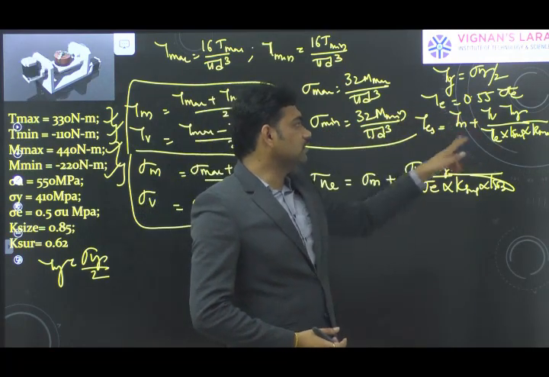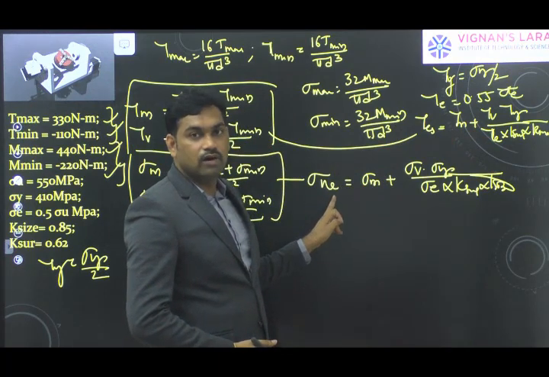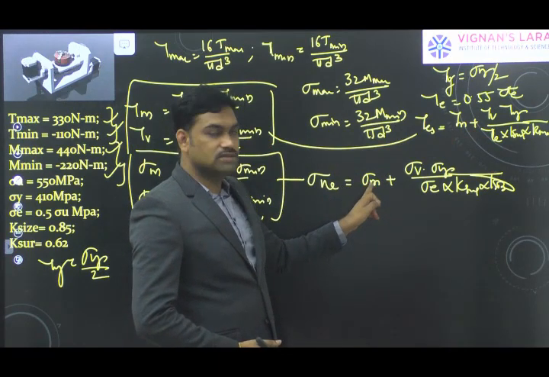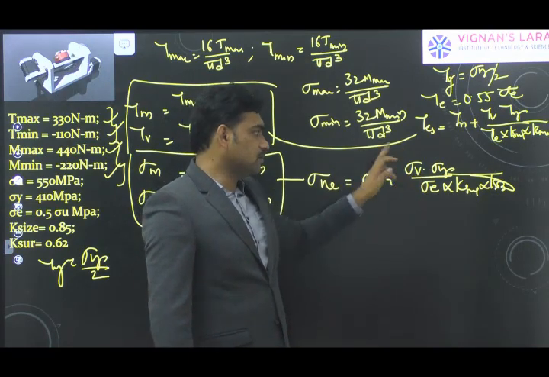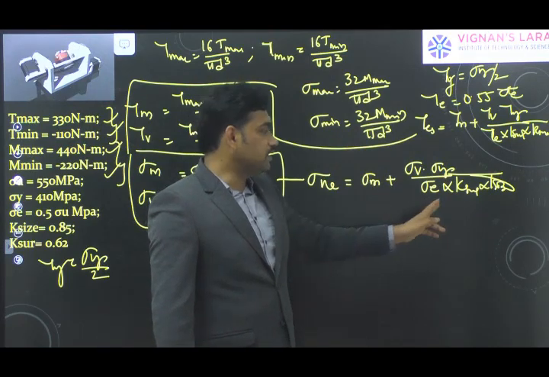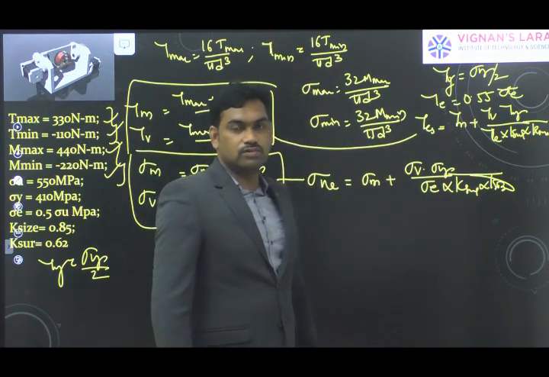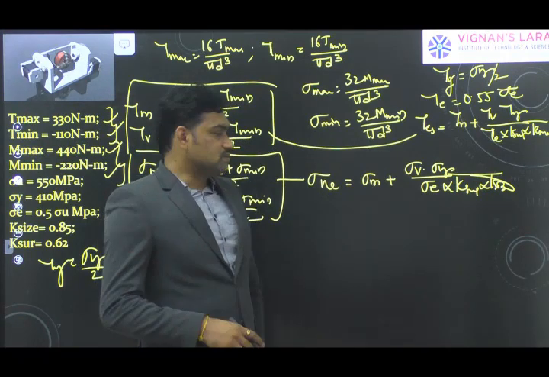Using that I can get tau e in terms of diameter. Similarly, for sigma e, the equivalent normal stress in bending, the mean stress and the variable stress are found in terms of diameter. Yield strength and endurance strength are given in the data, and derating factors are given. Using that, you can apply the maximum normal stress as well as the maximum shear stress.